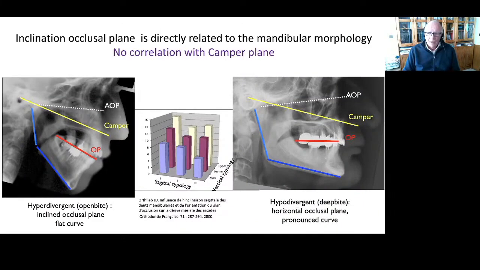First of all, there is no correlation between the occlusal plane and the Camper plane. So the Camper plane cannot be used as a reference for the determination of the occlusal plane.